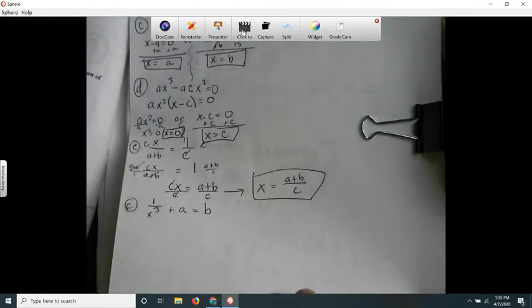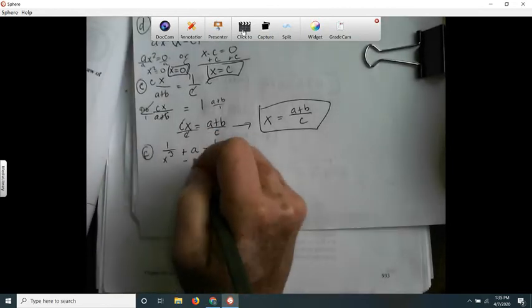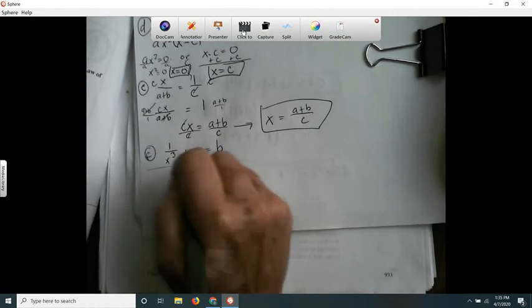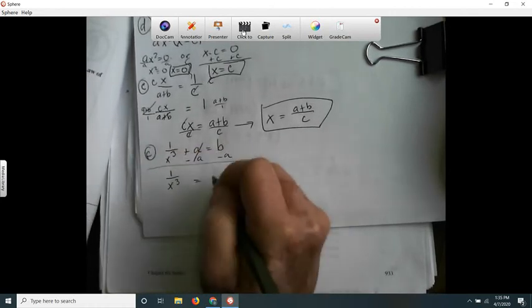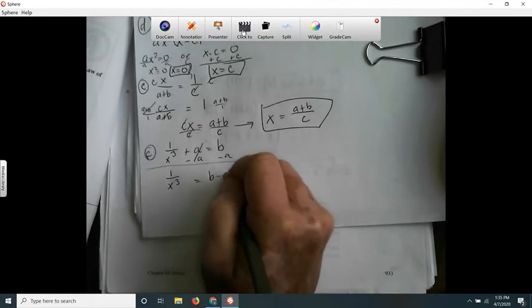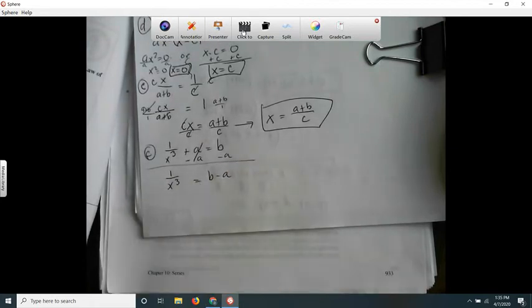That one. And then here is the last one. And then multiply both sides by x cubed.